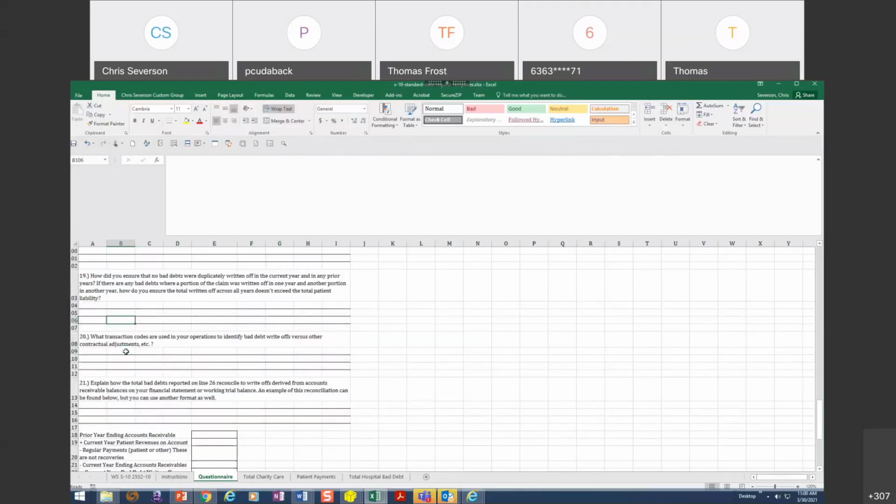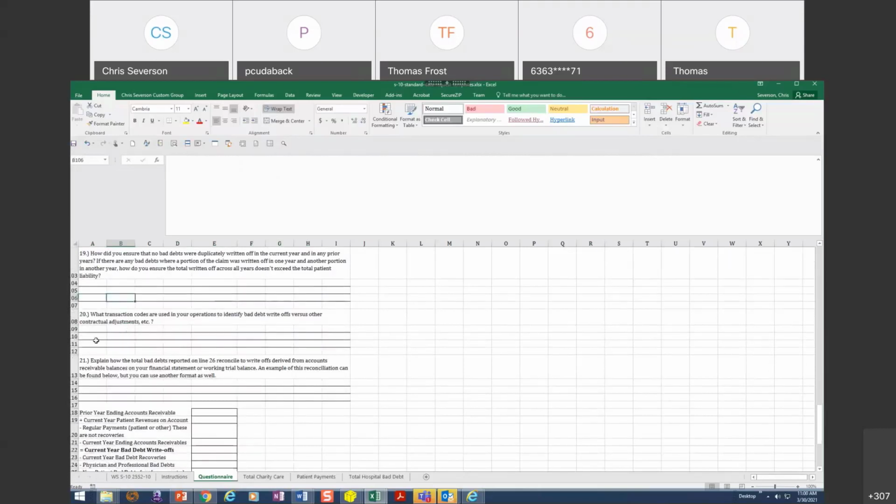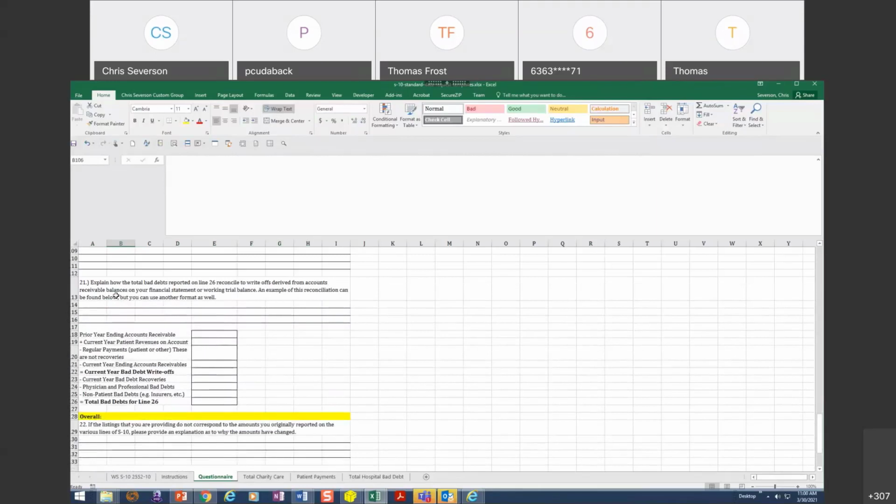19, how did you ensure there were no bad debts duplicated in multiple years? 20, what transaction codes identify bad debt write-offs versus other contractual adjustments? Again, a legend, more or less. And line 21 is the example of that reconciliation. So this is what I've talked about a few times.